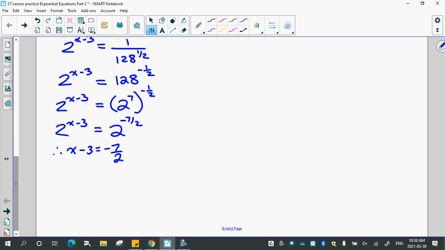So what would I do to both sides? Add 3. Good. So we get x is equal to negative 7 over 2 plus 3. So I've got to add a fraction and a whole number, so I need a common denominator.